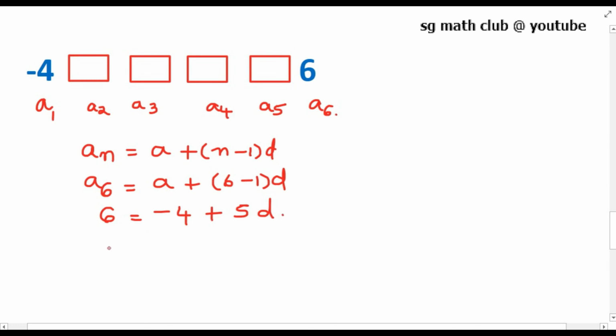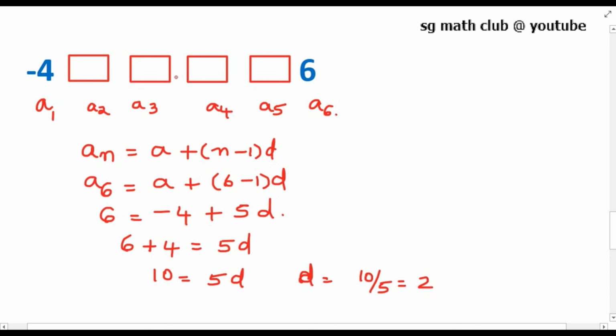Now I can find out the value of d. 6 plus 4 equal to 5d. 10 equal to 5d and d equal to 10 by 5, which is 2. Now easily I can write all the terms if I get this common difference. So I got the common difference as 2.